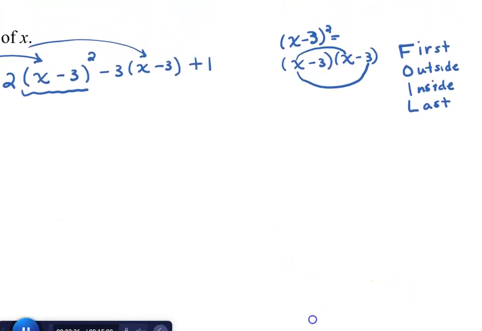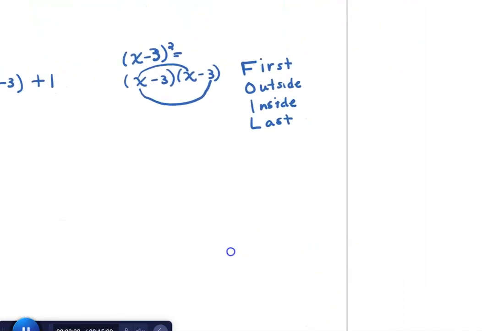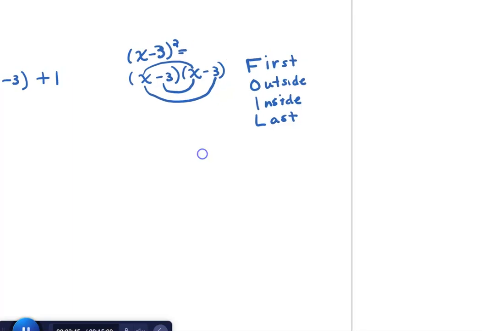I'm sorry, it keeps jumping on me. Which would be -3 times x. And then finally, we have to do last times last, which would be -3 times -3. So that means we did x times each of these, and we do -3 times each of these. And so we've multiplied everything in both parentheses together.